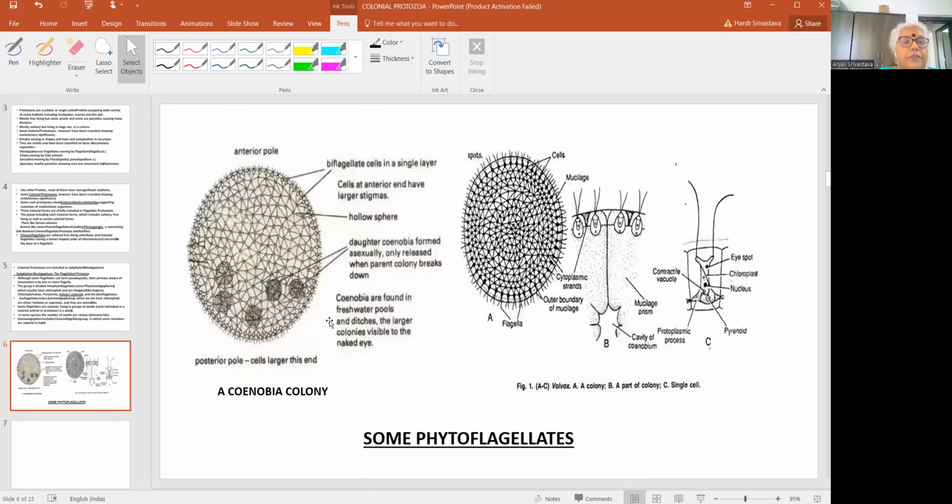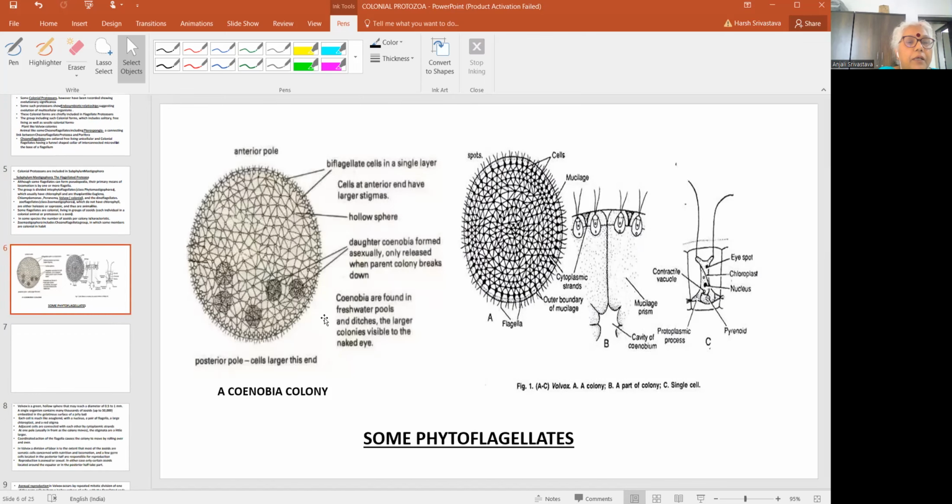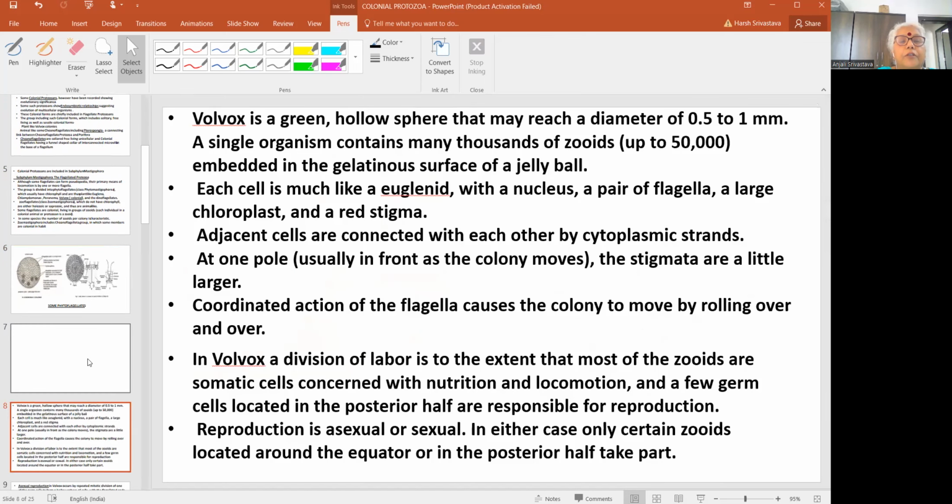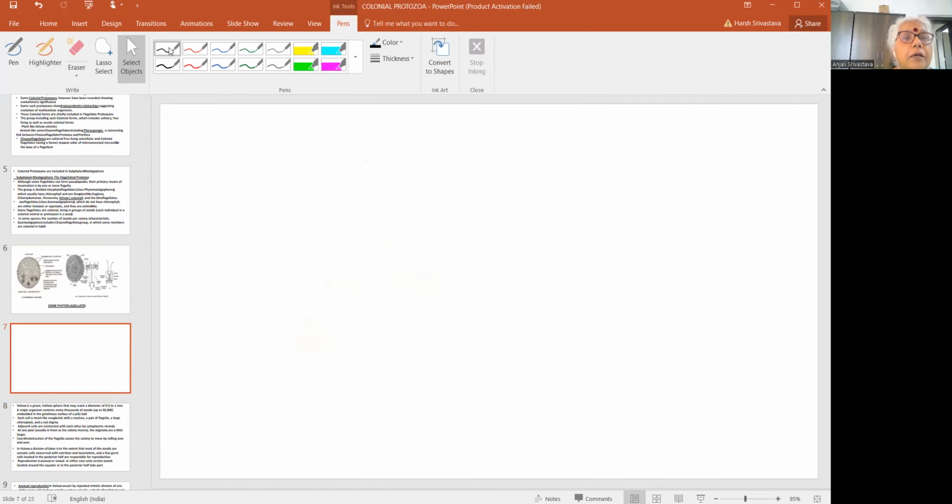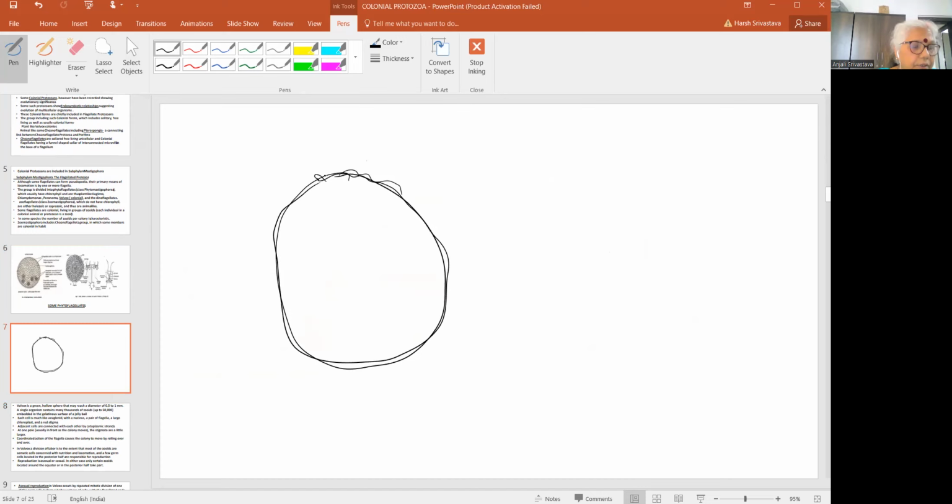If we see the morphology of Volvox, as we have seen, it is also commonly called green algae. Suppose this is the colony of the Volvox, including the gelatinous cell wall. The outer covering is the thick green colored gelatinous cell wall.